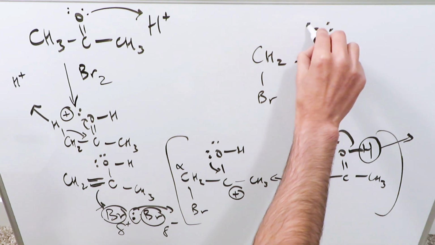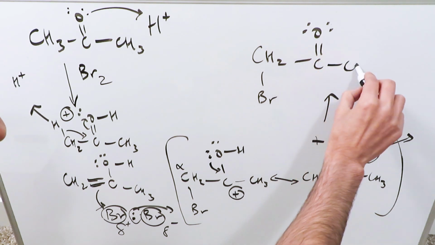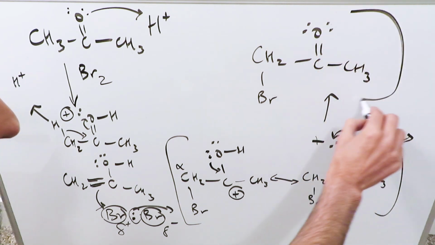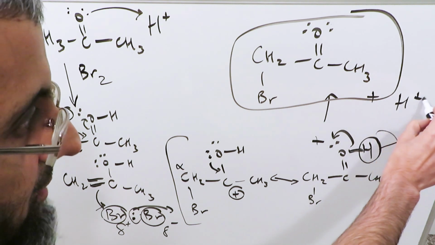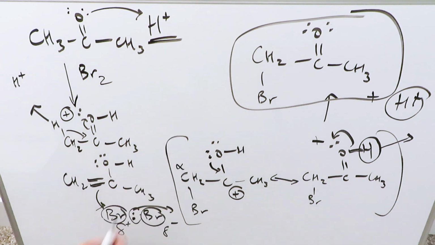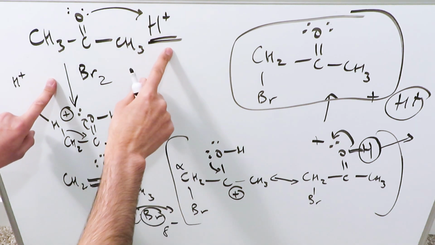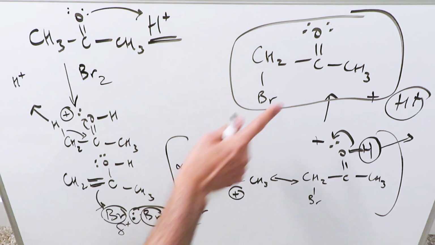You see, you got your 4 electrons back. These 2 electrons from this bond have given you those 2 electrons, and you have your end result over here. This hydrogen right here will be a byproduct, which is your H plus, but it regenerates your acid catalyst. Remember, we had H plus over here, which I brought over here. The acid has been regenerated from that deprotonation step, and everything is good.